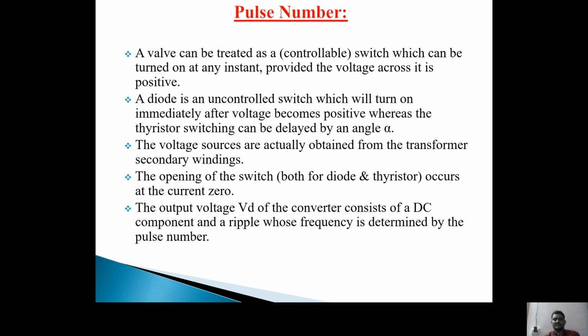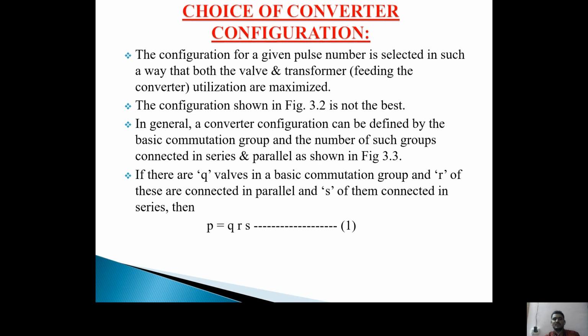The output voltage Vd of the converter consists of a DC component and a ripple whose frequency is determined by the pulse number. Next, coming to the choice of converter configuration.